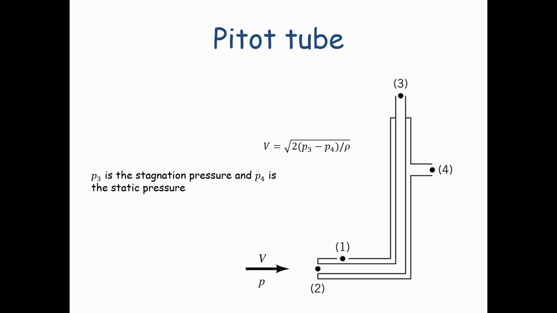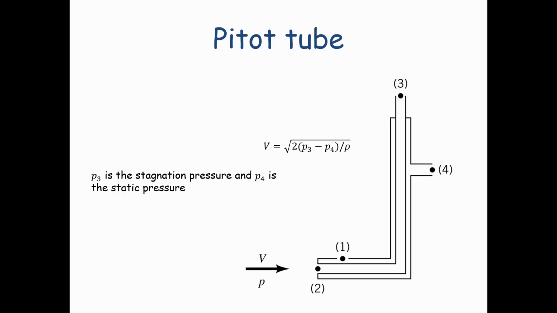All right, so the Pitot tube, and here's an example of the Pitot tube shown here. It's like the one that we showed in the previous diagram, but here there's a little bit more detail to it. Here we've got the velocity V upstream, and the fluid pressure upstream is equal to P. That is the static pressure, hydrostatic pressure upstream of the point.